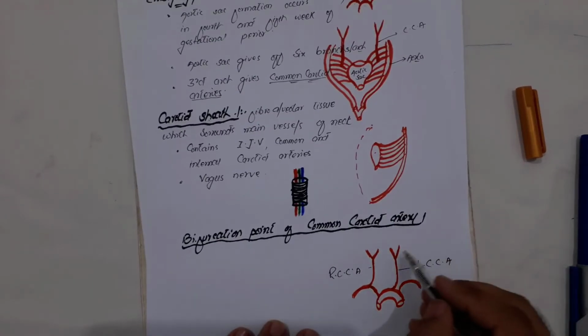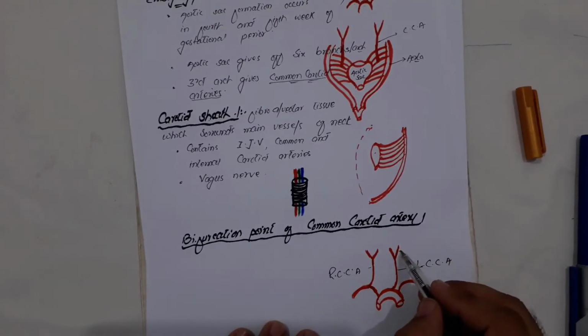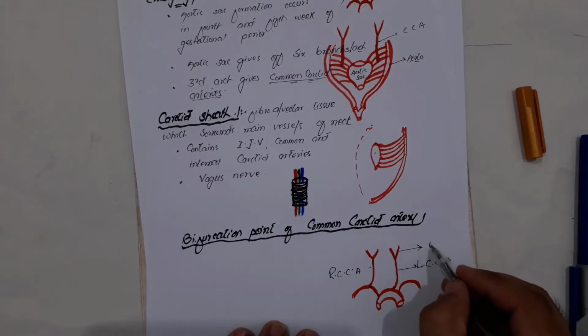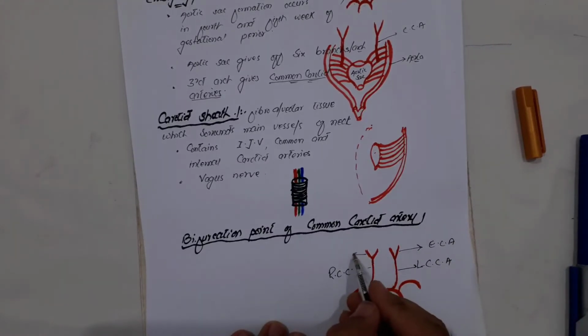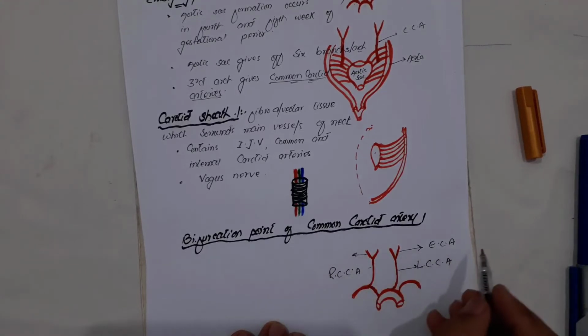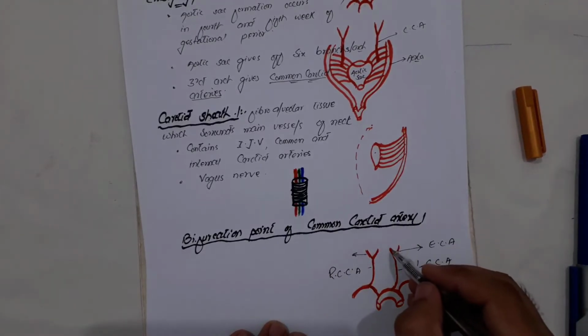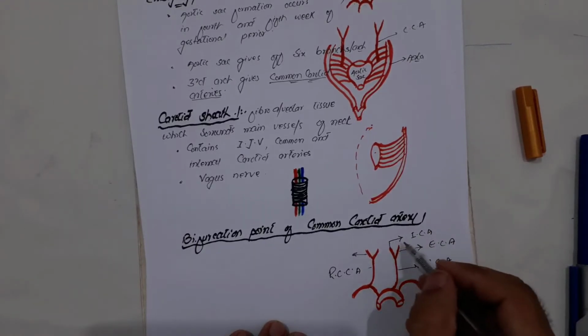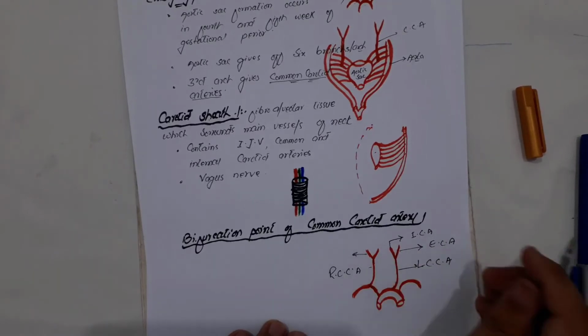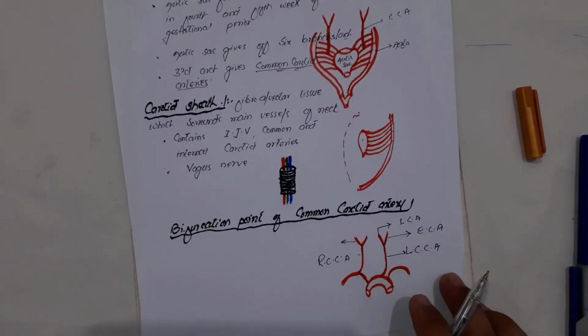Clear, friends? Now look carefully. This one becomes the external carotid artery, on the right side also, right external carotid artery, left external carotid artery, and this one becomes the internal carotid artery, or you can say left internal carotid artery and right internal carotid artery.